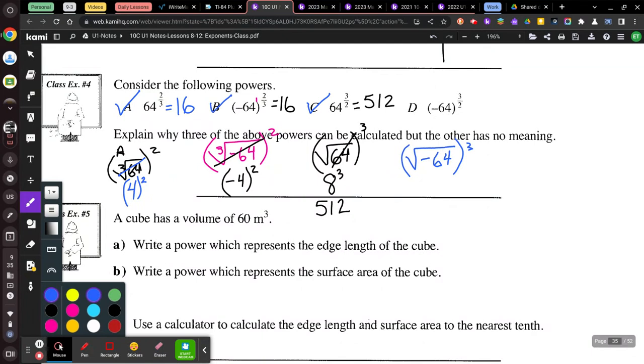Am I allowed to have a negative sign under the bracket with a root? No. Not with an even index. So that's why, yeah, that's a no-no. Cannot be done. So this is going to say error. That one cannot be solved because it's an even index.